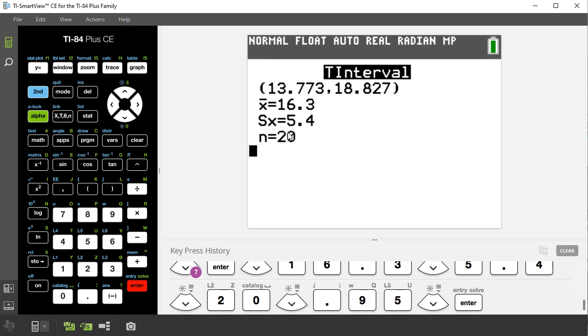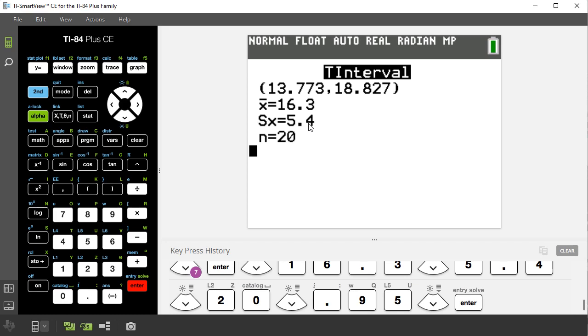Now, what if we didn't have these statistics, but we had the data? Then what would you do? The answer is that you would just calculate the sample mean and the standard deviation. But note that this calculator would actually allow you to input that data and then conduct the t-interval.